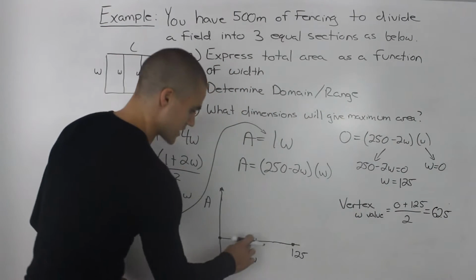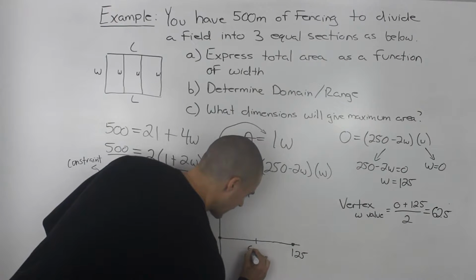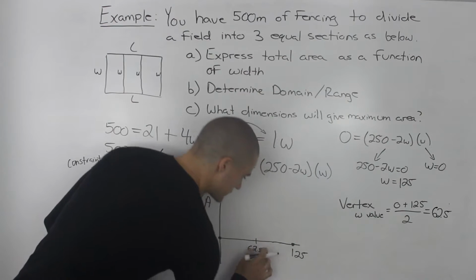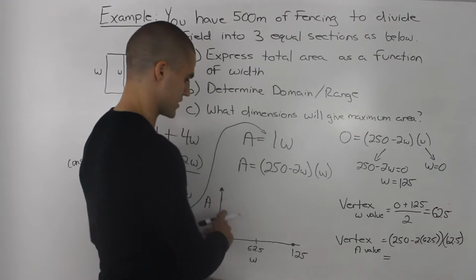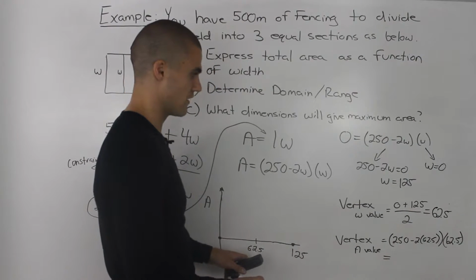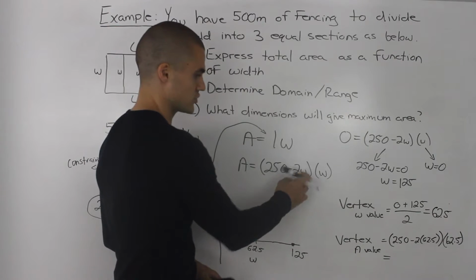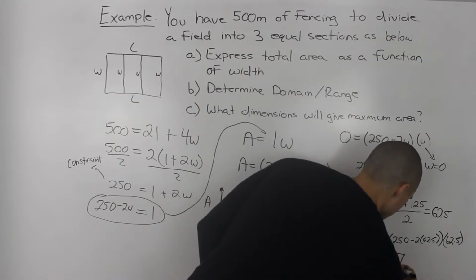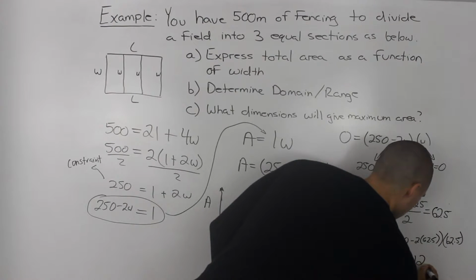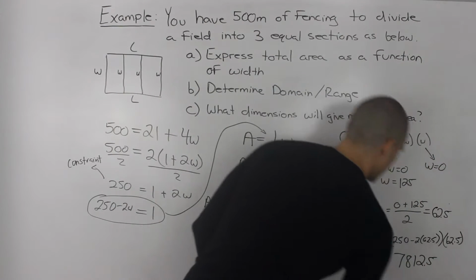So we know that the vertex is going to occur at a W value of 62.5. And then to find the A value of the vertex, we would just take the 62.5, plug it into our function for W, and we would get a final value of 7,812.5.